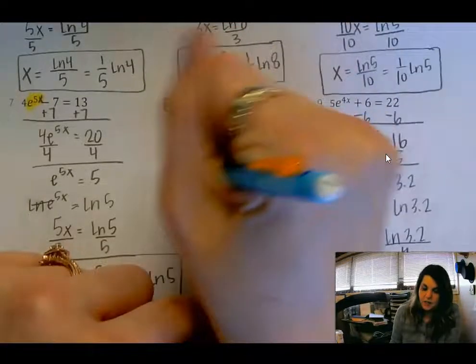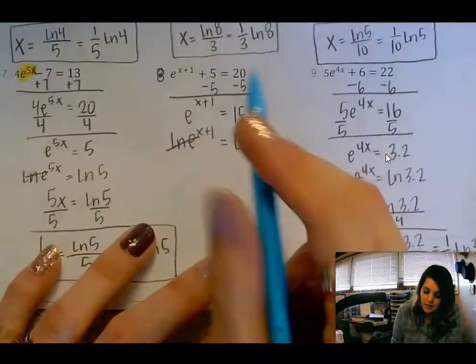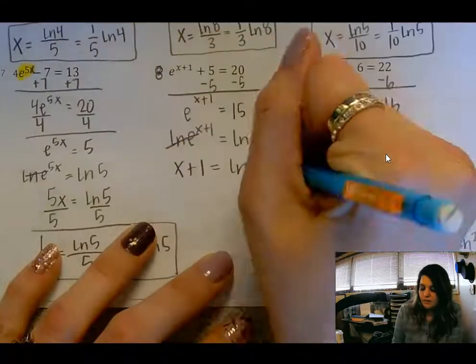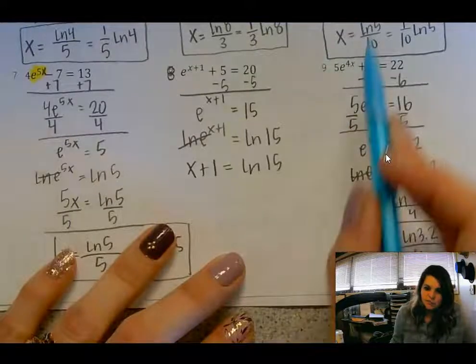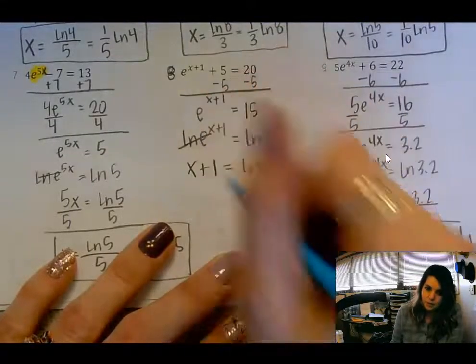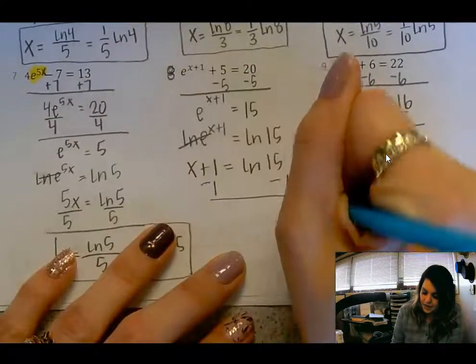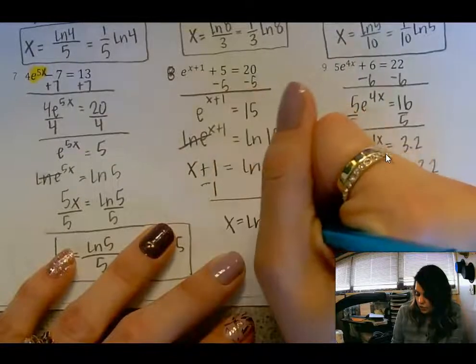What's different about this one, when we get rid of the natural log and the base e, is we have x plus 1 instead of something like 5x or 4x or 10x. To get rid of that plus 1, we just subtract 1 from both sides.